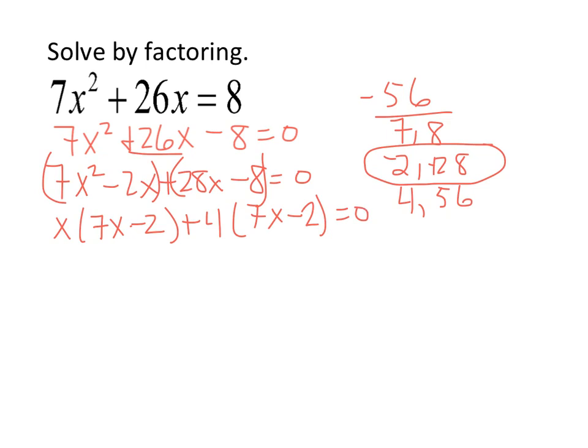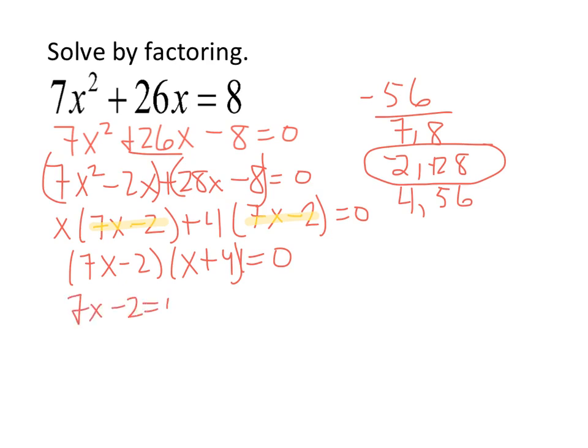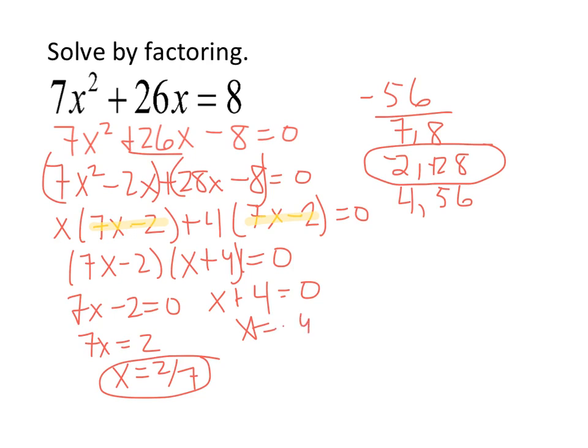Now remember, the inside of my parentheses need to match in order for this to work. So we take out the 7x minus 2, and what's left is x plus 4. Now I can set each expression equal to 0. So if 7x equals 2, then x equals 2 sevenths, and x equals -4.